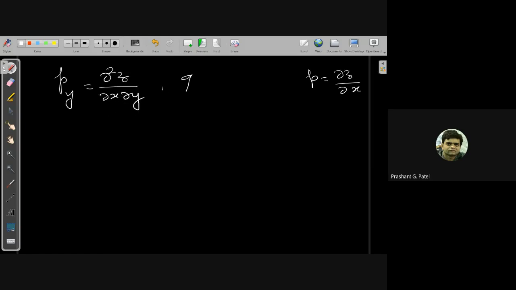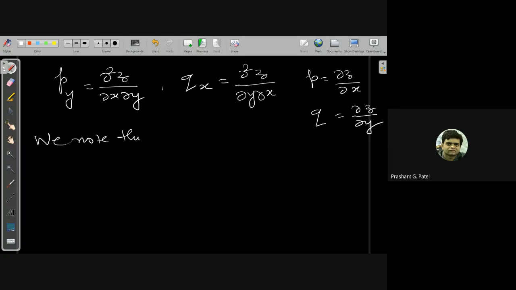And what is qx? We know that q is del z by del y, so qx is del square z by del y del x. But z is such a function where these mixed partial derivatives are equal. So we should note here that py is equal to qx.